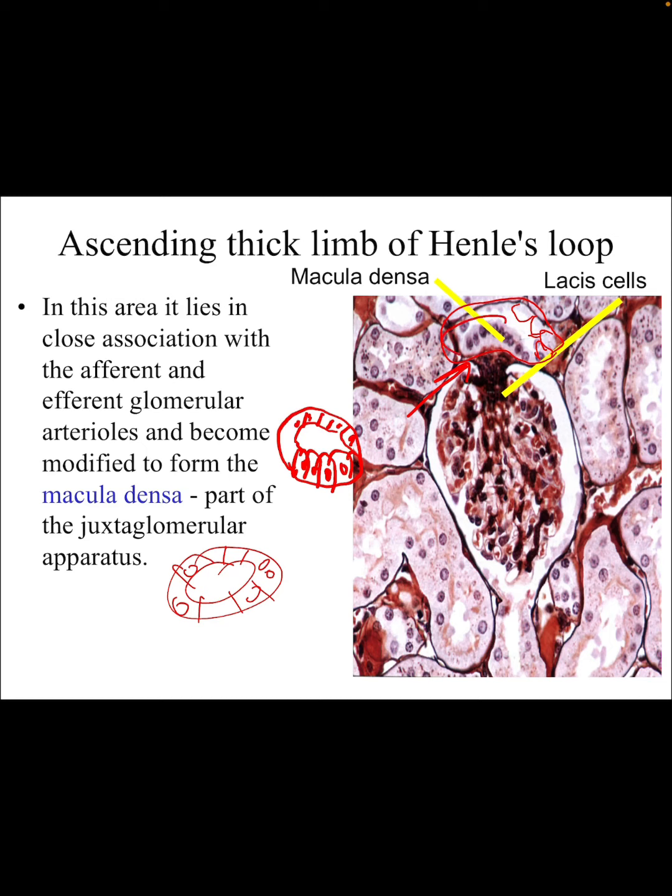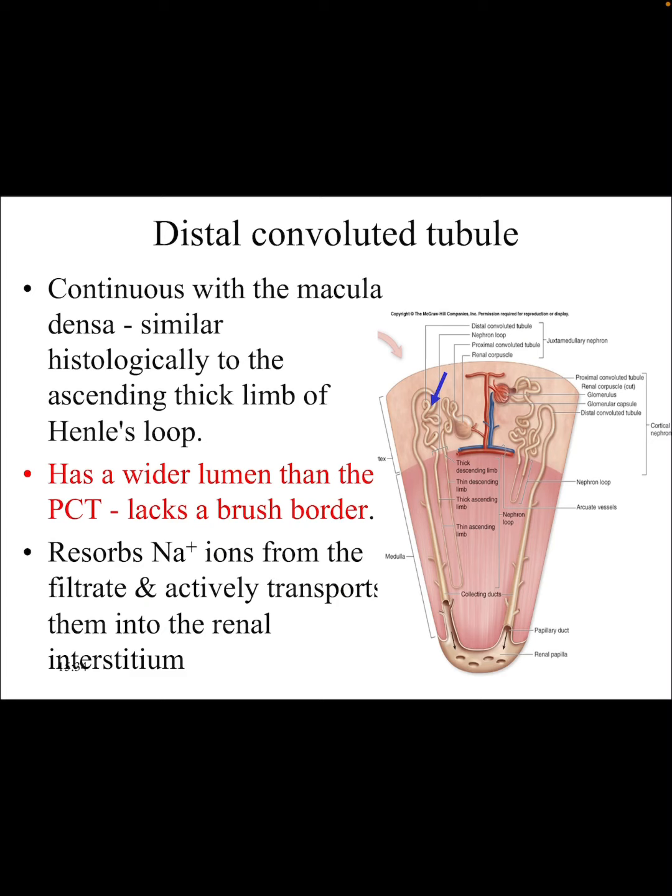This portion here we call the macula densa, and this is part of the juxtaglomerular apparatus that plays a role in the regulation of blood pressure.